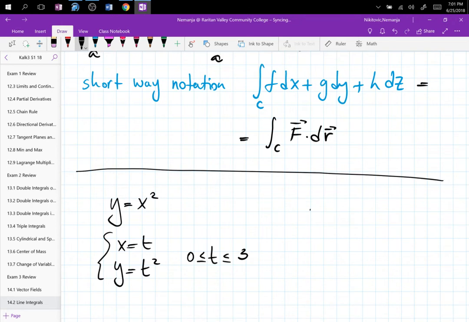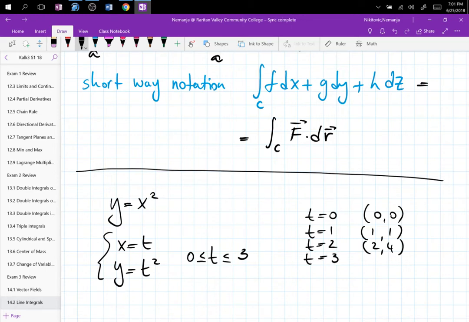So when t is equal to 0, your first point is 0, 0. When t is equal to 1, your next point is 1, 1. When t is equal to 2, it's 2, 4. And finally, when t equals 3, it's 3, 9.